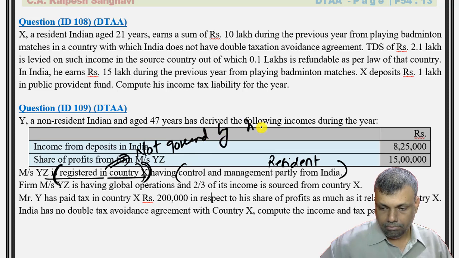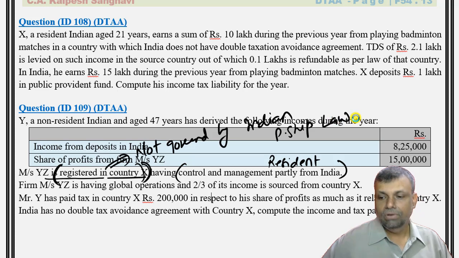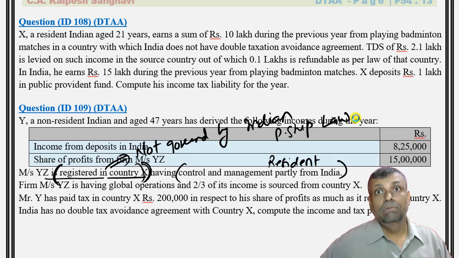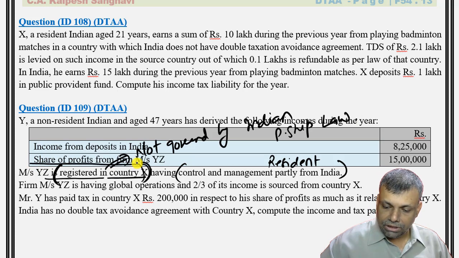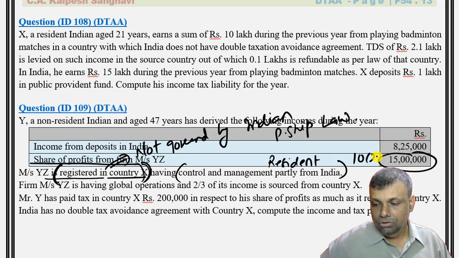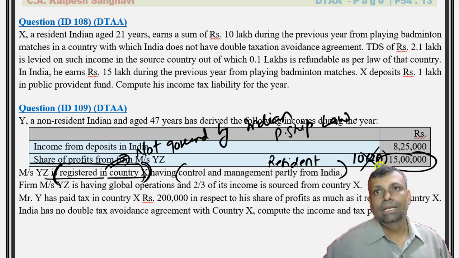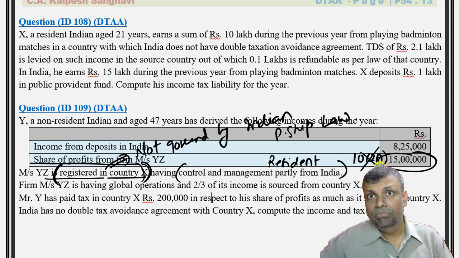Not covered by Indian partnership law. And therefore we will say that whatever the share of profits from this particular firm, these 15 lakhs of rupees, is not covered by section 10(2). That means it is not eligible for exemption.